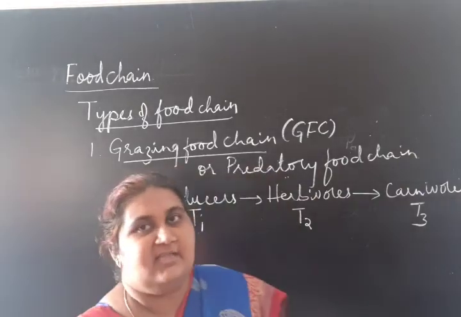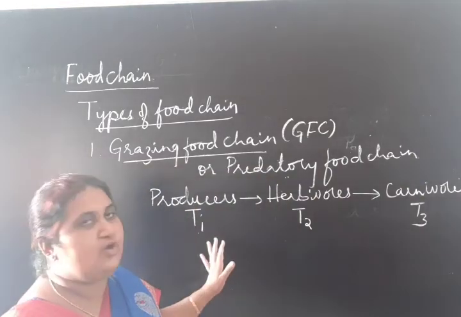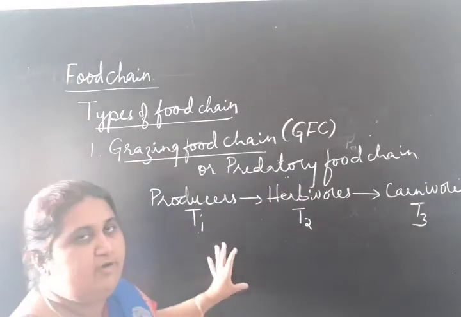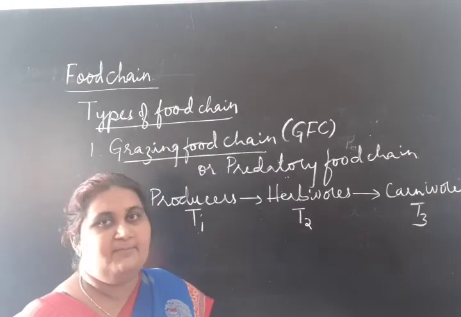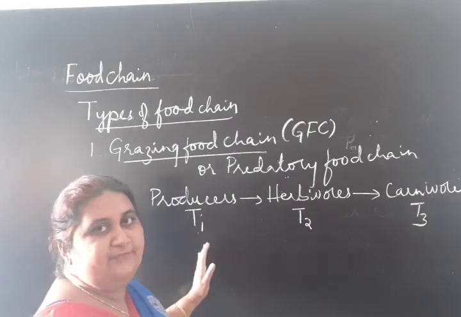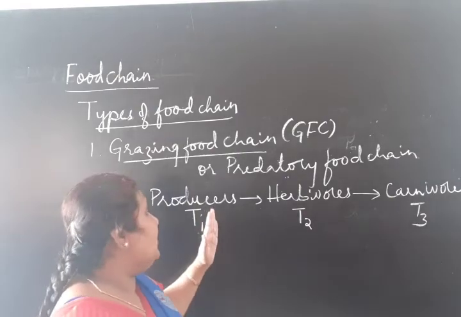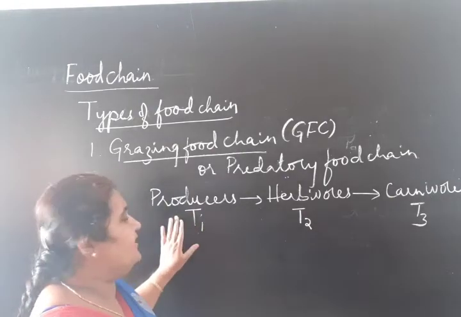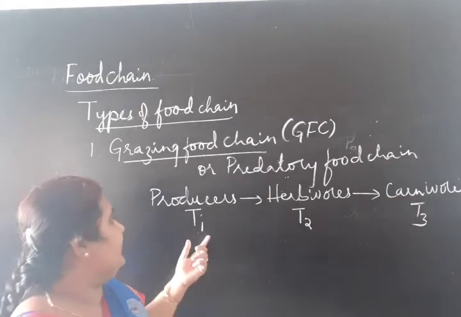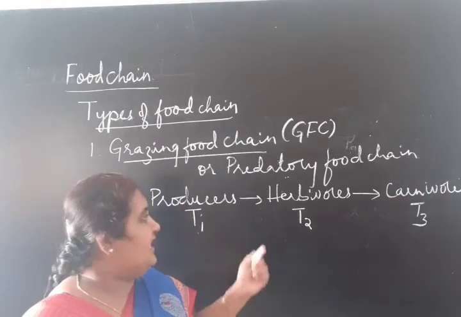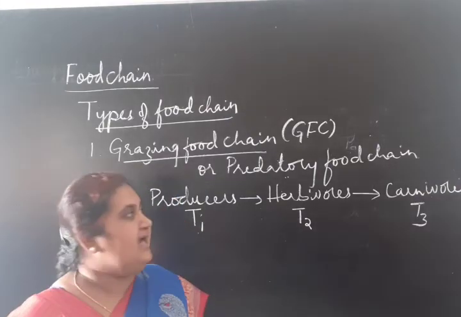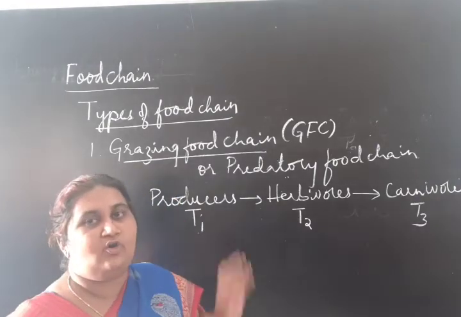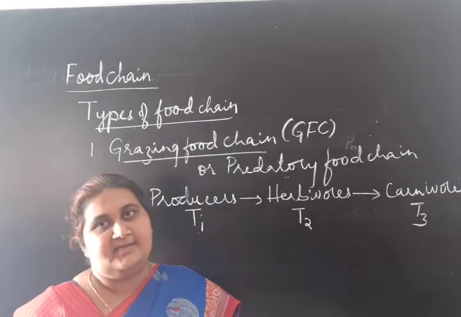So the grazing food chain includes all three groups of biotic components: producers, consumers as well as decomposers. Energy flow begins from the producers; the first trophic level is always occupied by the producers and the next trophic level by the herbivores. This food chain is dependent on solar energy.